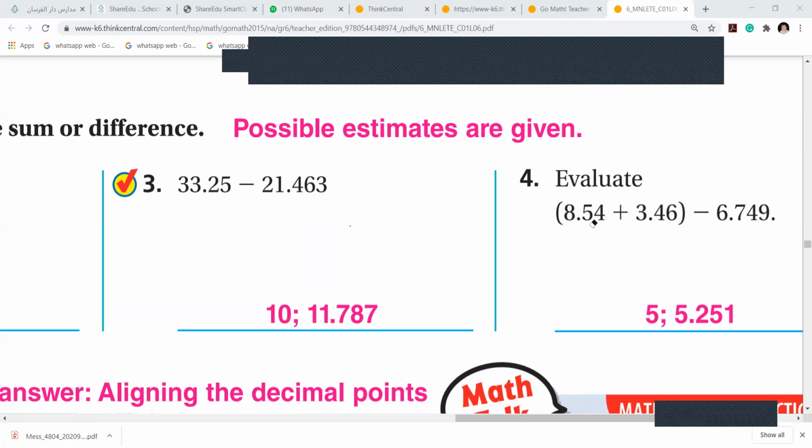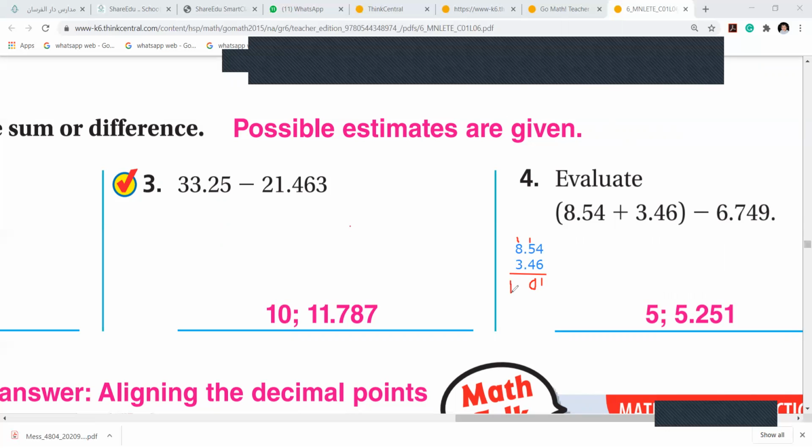Question number 4, I will do with you now. Okay? See, when I add, I have to add 8.54 and 3.46 first. When I add them, I get 11, then 0, and then 12.